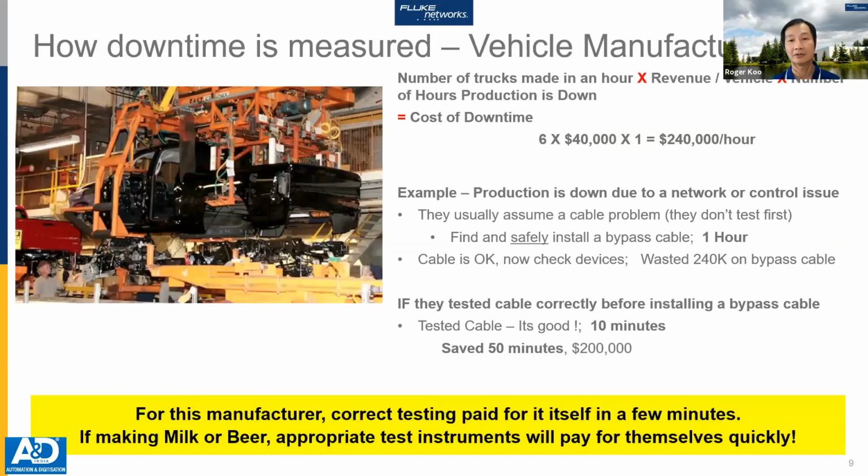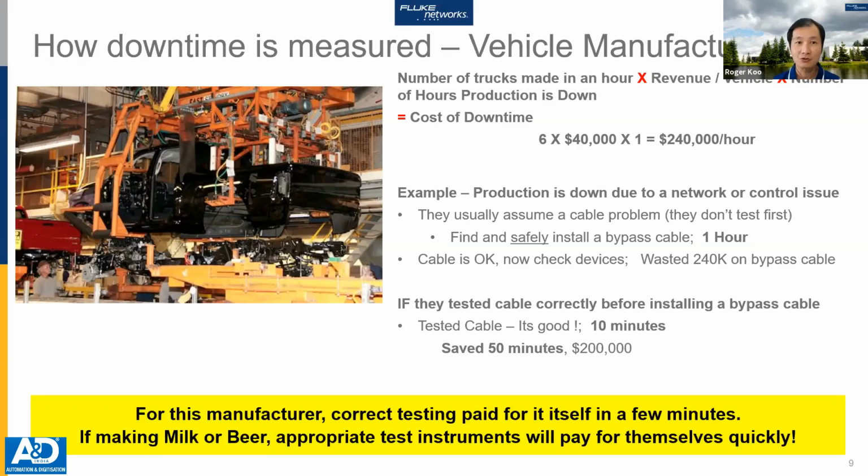Well, this is an example of a utility vehicle manufacturer based in the United States that we have worked with. Every hour, 6 trucks can roll off their production line. That is equivalent to about $240,000 an hour.